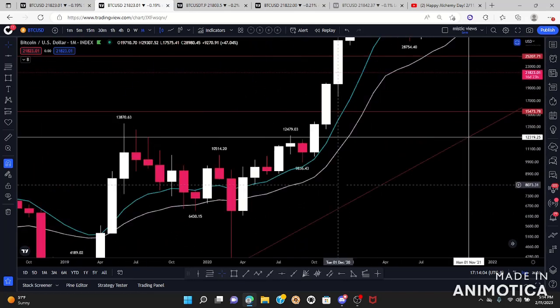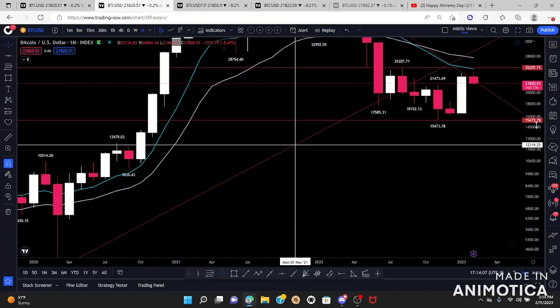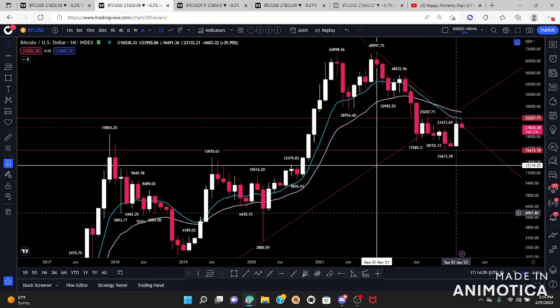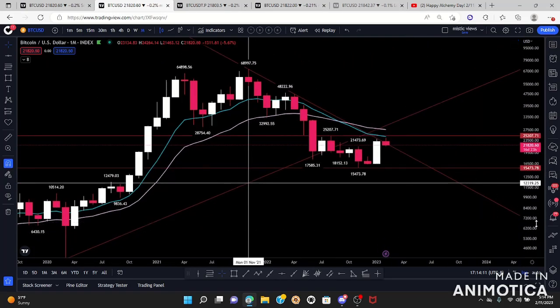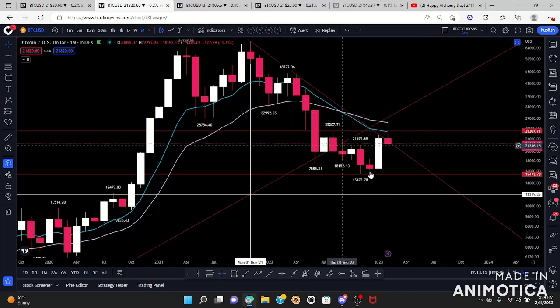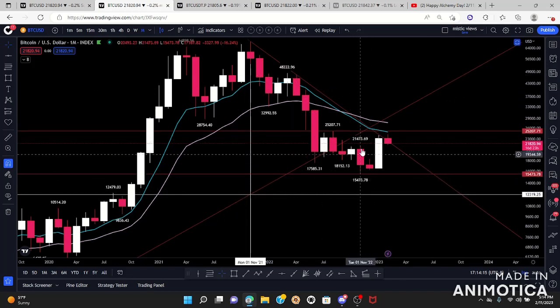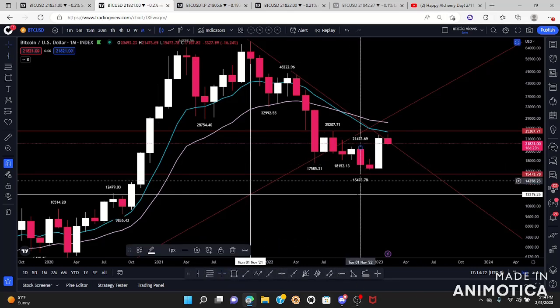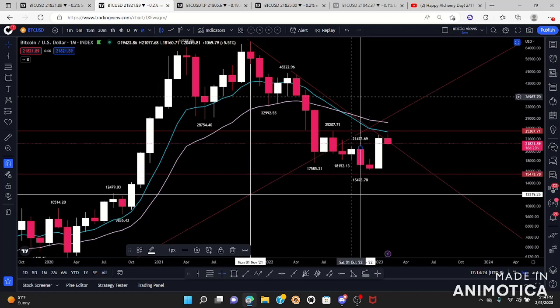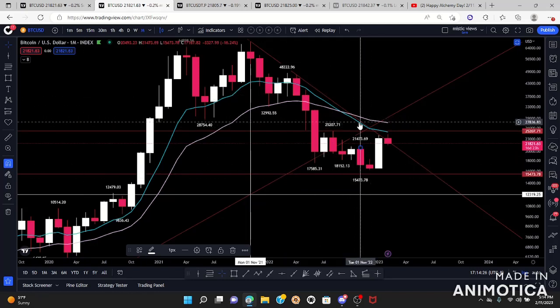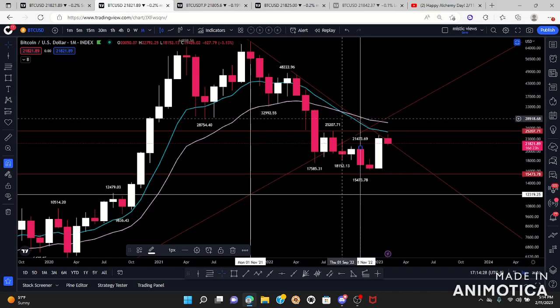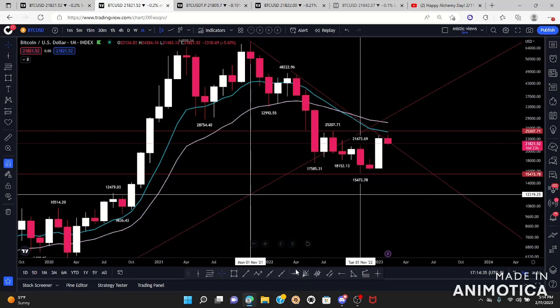So now that I have my monthly bearish target, we definitely want to have a monthly bullish target. So one touch, two touches, the lowest price is 15,473. Again, put a vertical line on the lowest price action, and then a horizontal line right where it intersects on our monthly trend line.